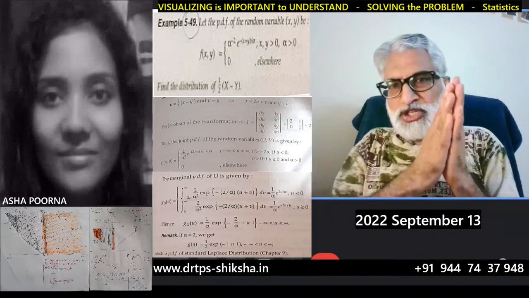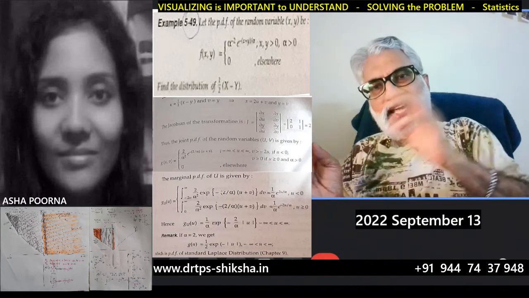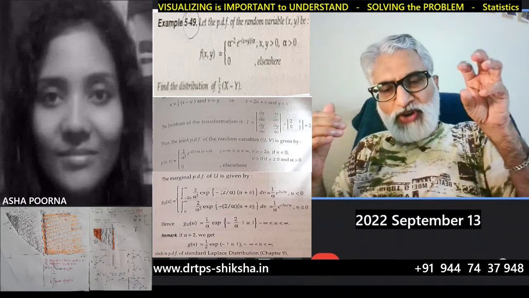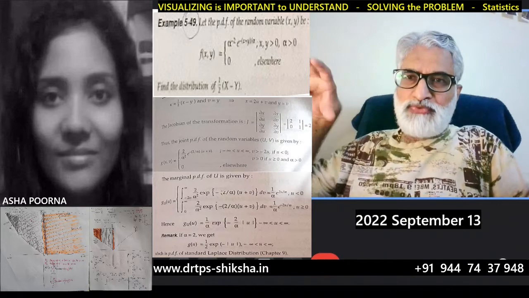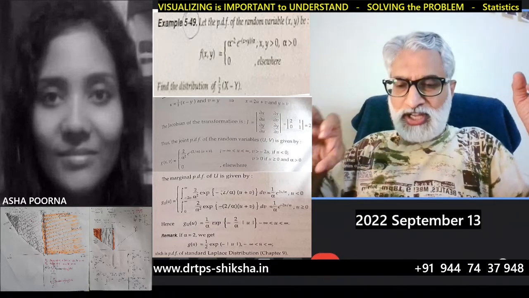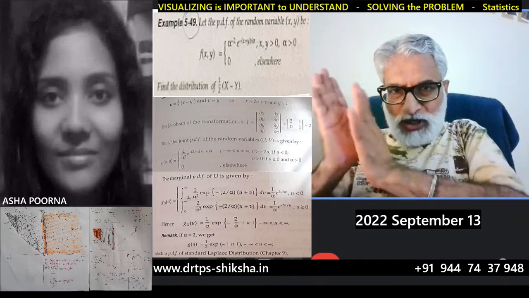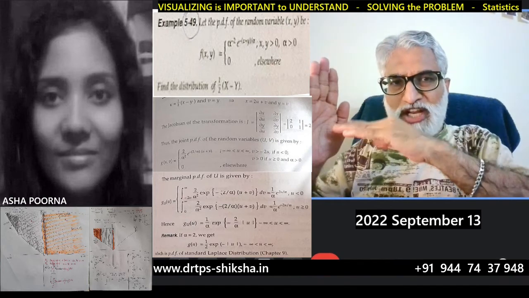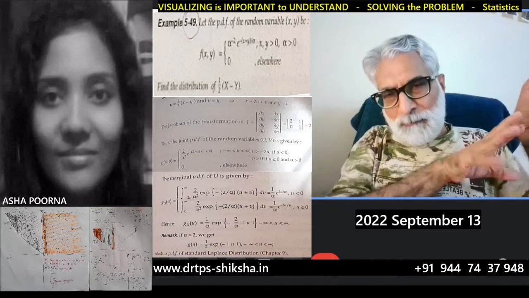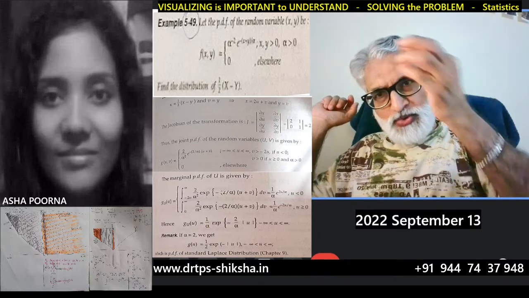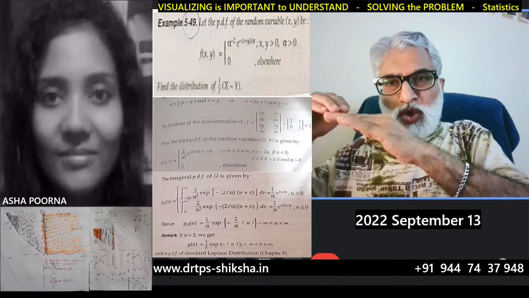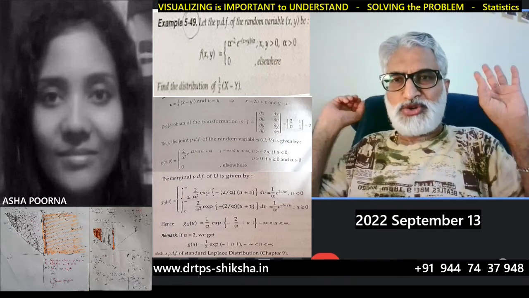You re-substitute this into the xy domain and see where the function is going, whether it is going to be in the third quadrant, first quadrant, or second quadrant. Because the problem is defined only in the first quadrant in the domain, when you substitute those values and get it back, you should not go into the other quadrants, it should only come in the first quadrant.